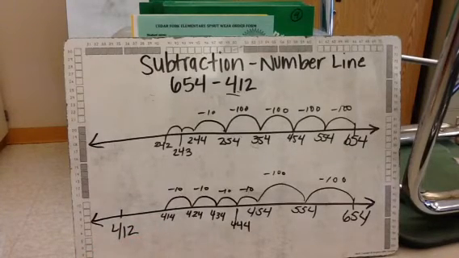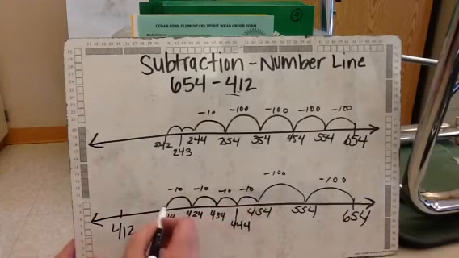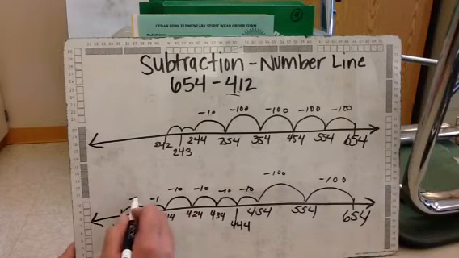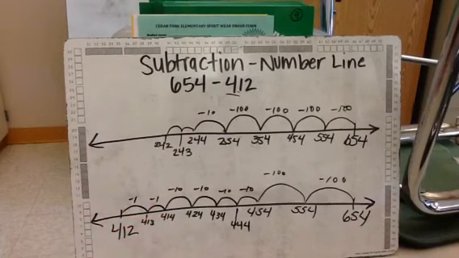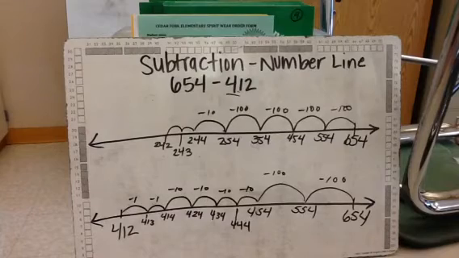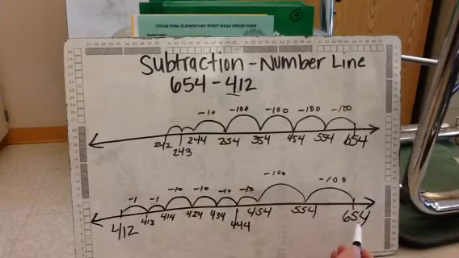So now I need to subtract ones. So if I subtract 1, I'm at 413. And another one, I'm at 412. Now, here I've hopped from 654 to 412, but that hasn't answered my question yet. The question was, what is the difference? What is the difference between 412 and 654?